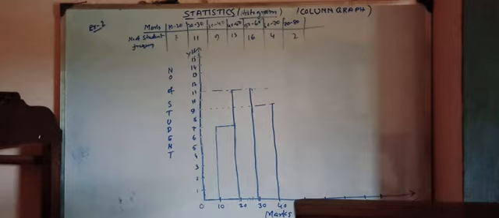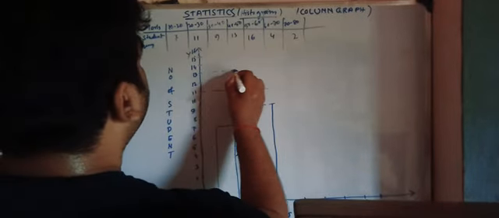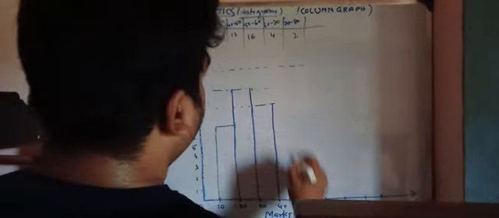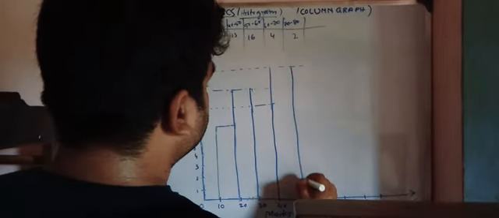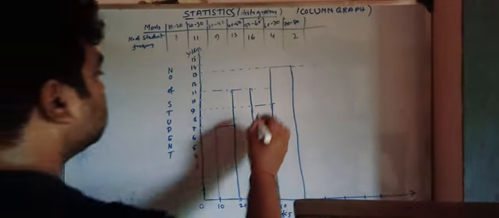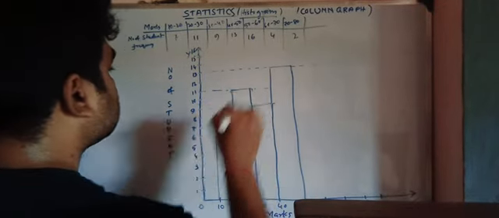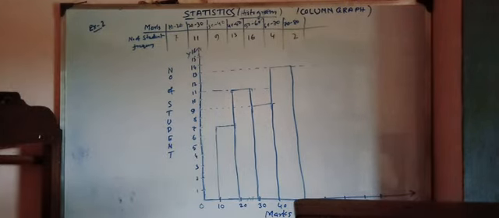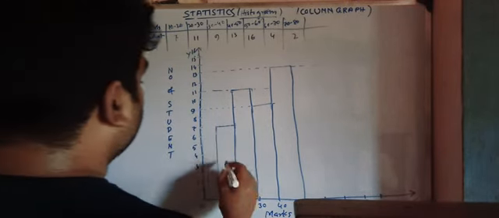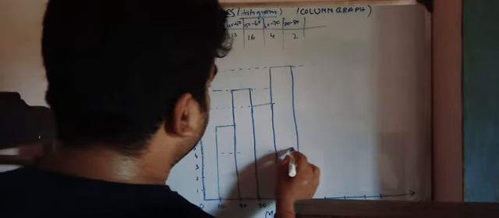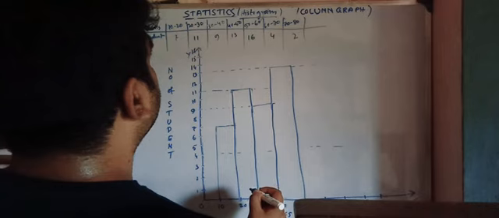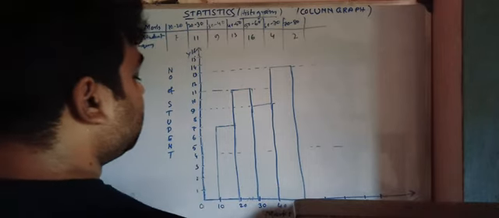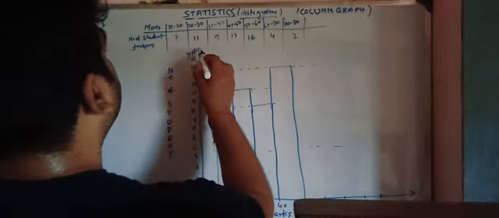Next, 40 to 50, that is 13. So if we take 13 over here, this is 40 to 50, by joining that. Next, 50 to 60, that is 16.